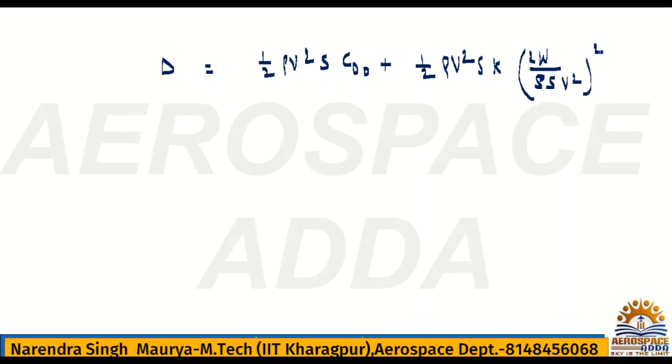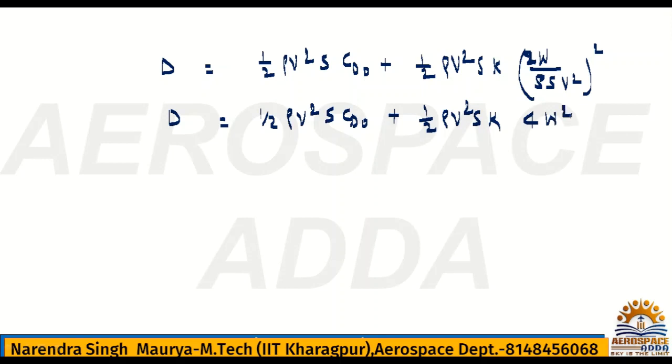So we will find this: half rho V square S CD naught plus half rho V square S K into 4W square divided by rho square S square V to the power 4. We will solve this.